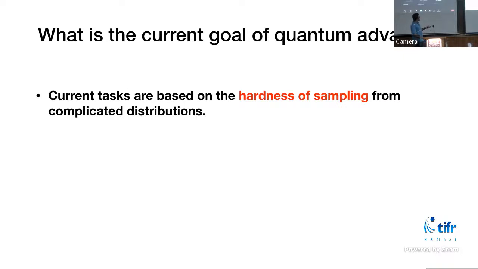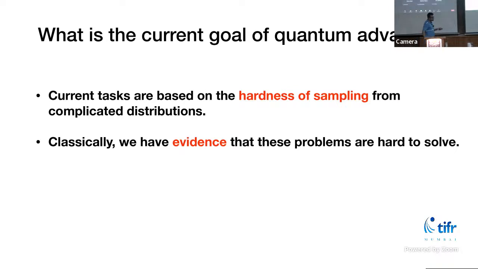Okay, secondly, we don't have clean proofs that classical computers fail at solving these tasks. What we do have is a sequence of results that suggests with strong priors that maybe classical computers indeed fail for this task, but nothing has been cleanly proven yet.